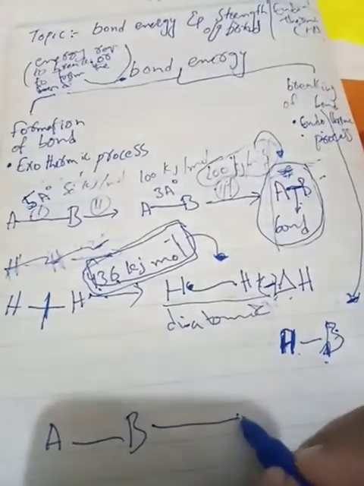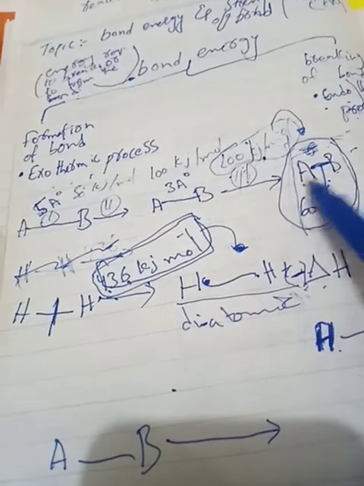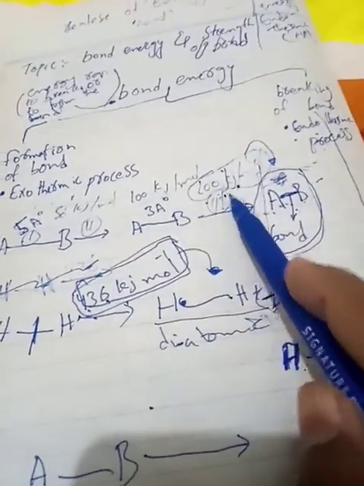For example, I want to separate A and B from this bond, so I will be giving heat here to separate the bond. Suppose the heat released from the combination of these two was 200 kilojoule per mole.